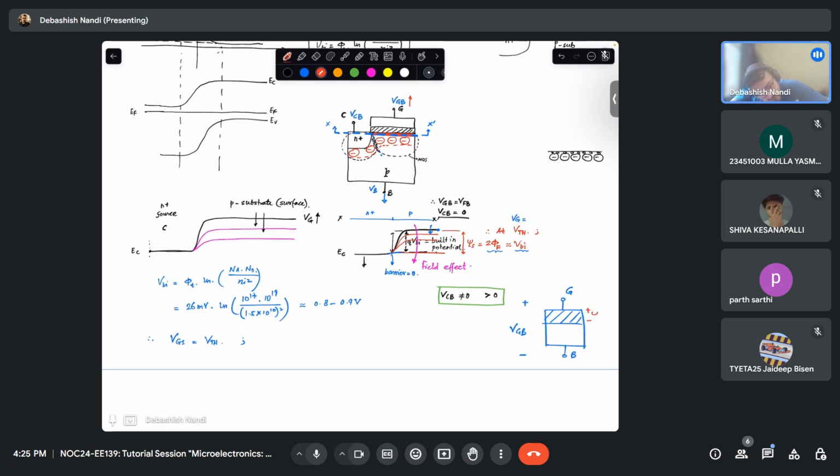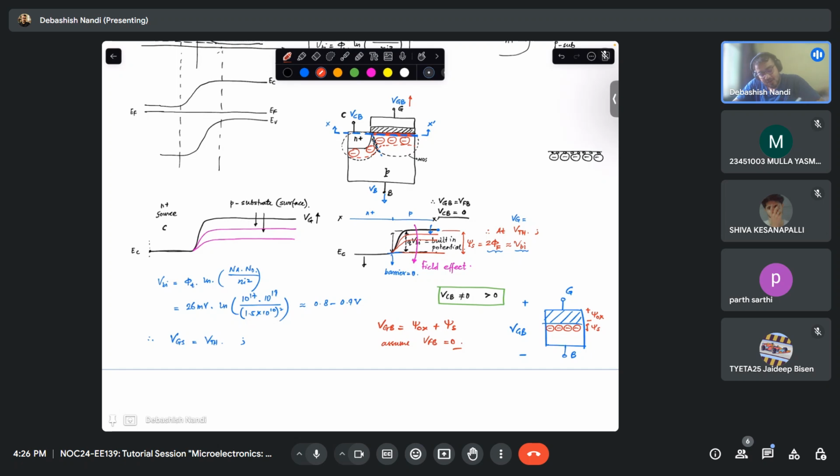Across the oxide, some potential will fall, and some will fall on the depletion region. So your psi ox and psi s. Your VGB will be equal to psi ox plus psi s. Let's say the flat band voltage is equal to 0. Assume your VFB is equal to 0, meaning the contact potential and all is 0.